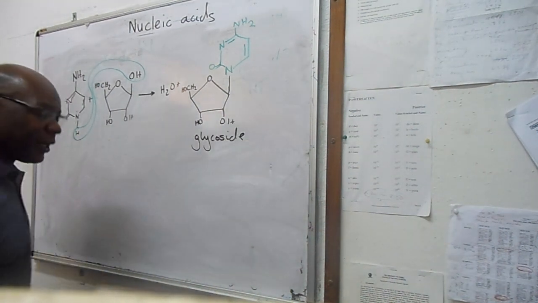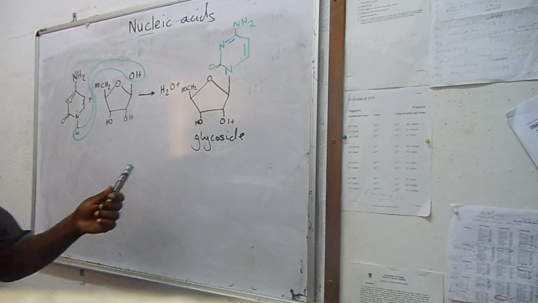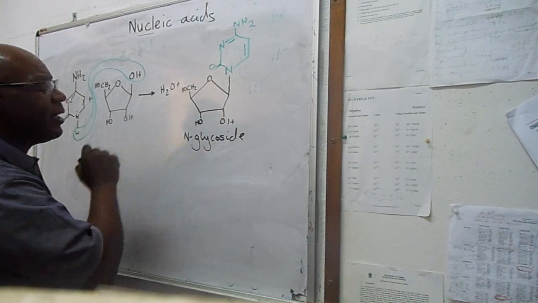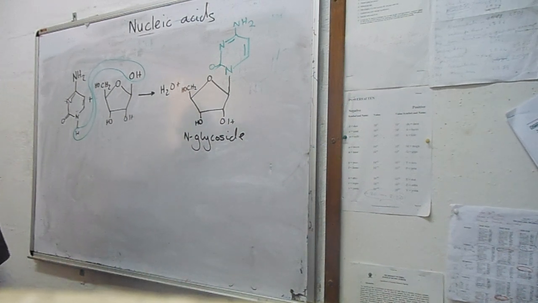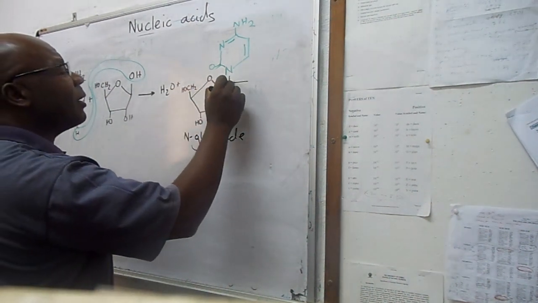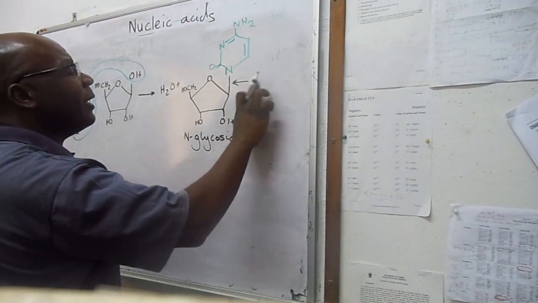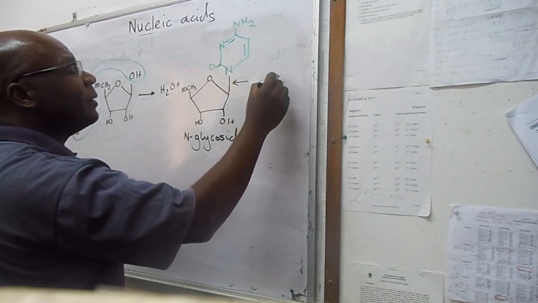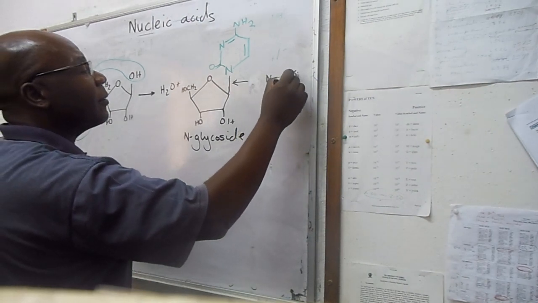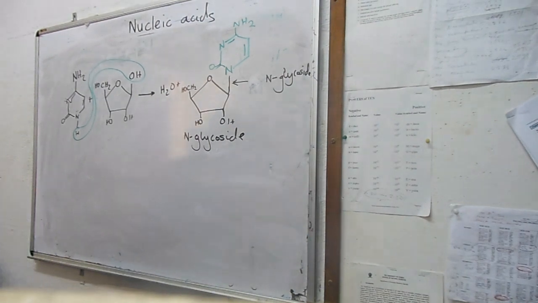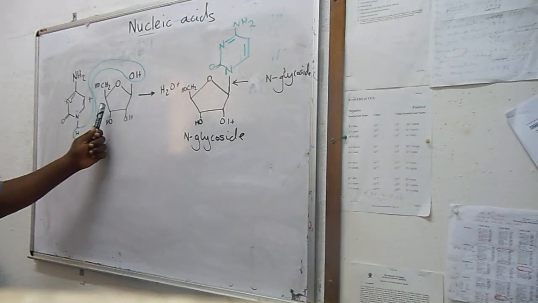But I went further and said that the type of glycoside that is formed is an N-glycoside. What we are referring to is this bond here. But what we also see is in which configuration the sugar is.